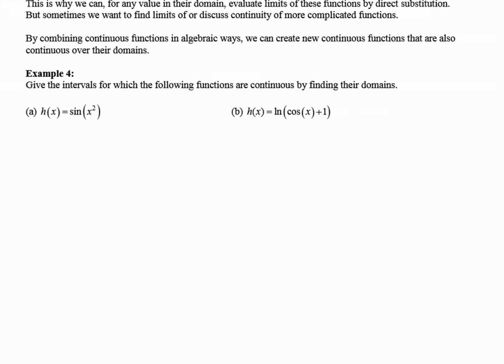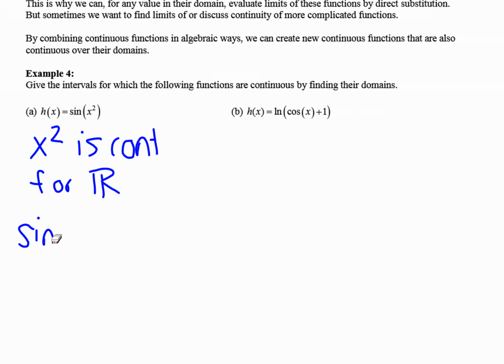So let's look at example 4, part A. We're going to give the intervals where these functions are continuous by finding their domains. Now we know x squared, a polynomial function, is continuous for all real numbers, and sine of x is also continuous for all real numbers.